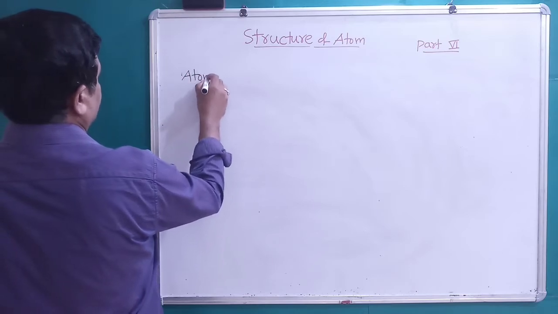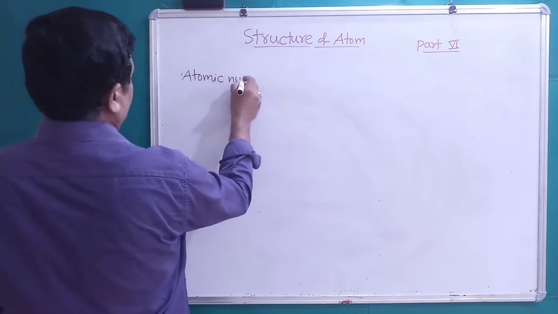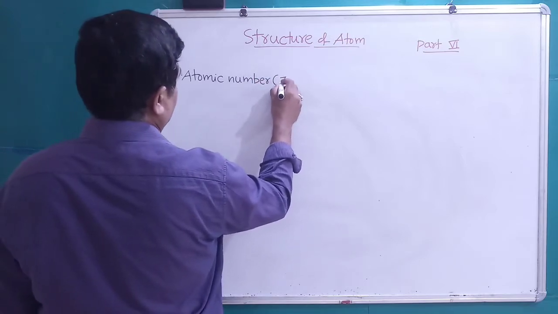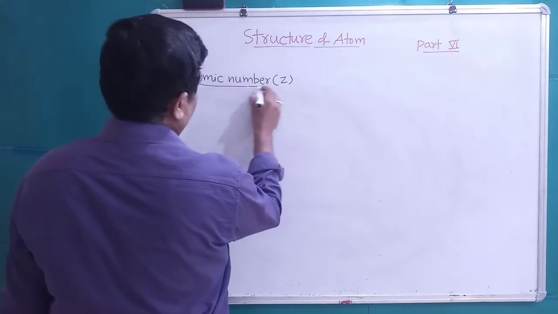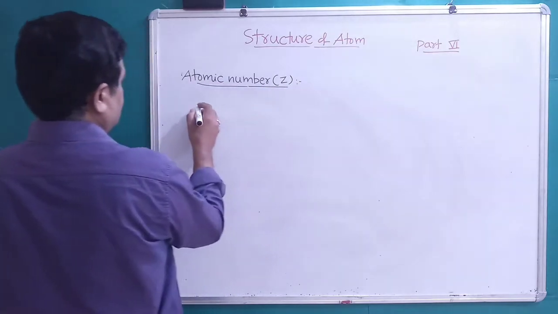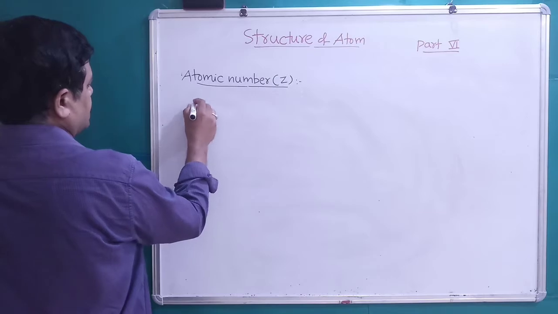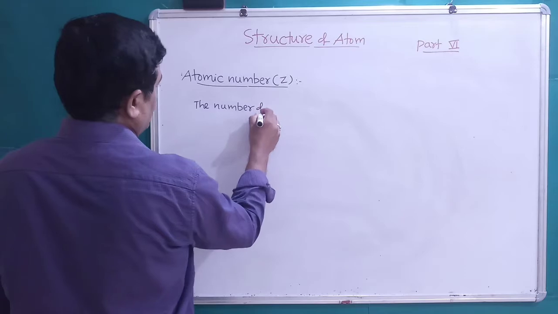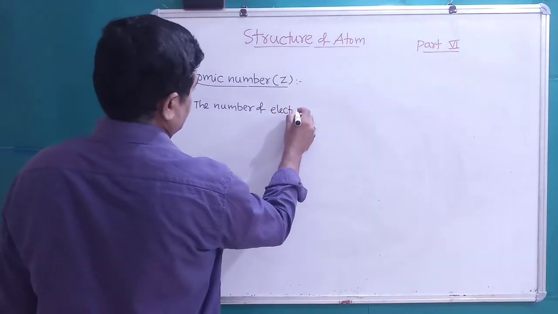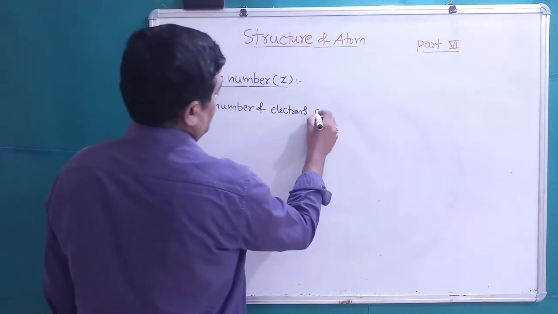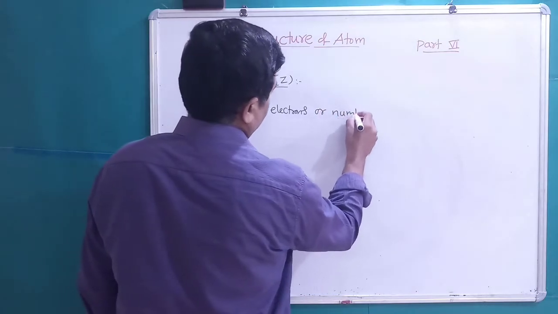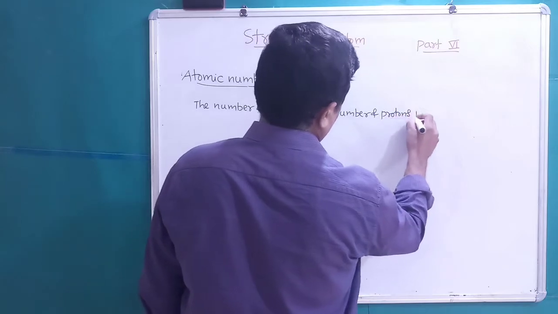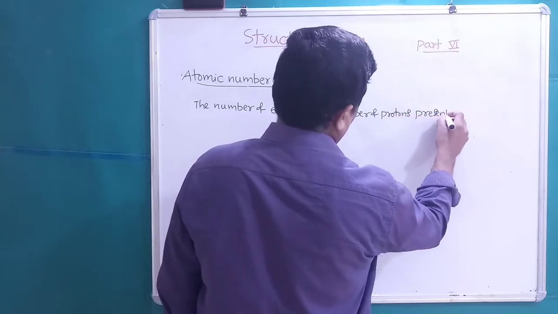Atomic number. It is indicated with the letter Z. It is the number of electrons or the number of protons present in a neutral atom.